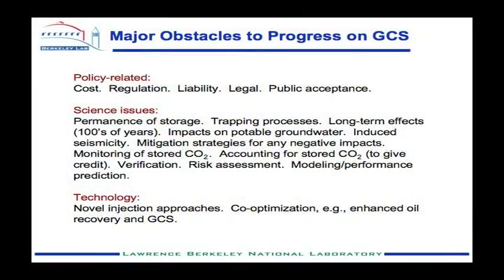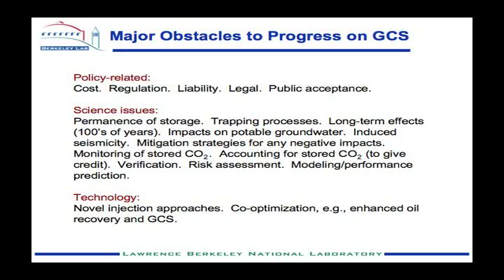The major obstacles, there's a longer list than this, but this is adequate. There's a lot of policy-related questions. In addition to cost, there's regulation. Who writes the regulations and what are they going to be? The EPA has to do that for the US, and they haven't finished with that yet. Who's liable and for what? Who owns what and how does that relate to the liability?